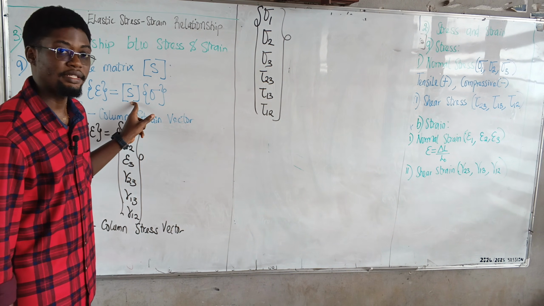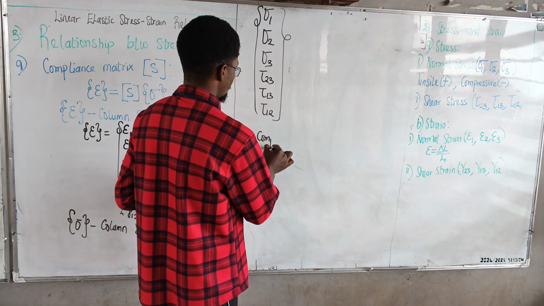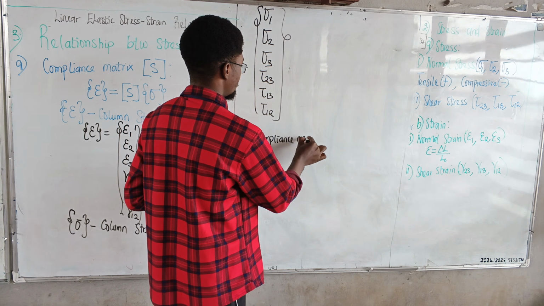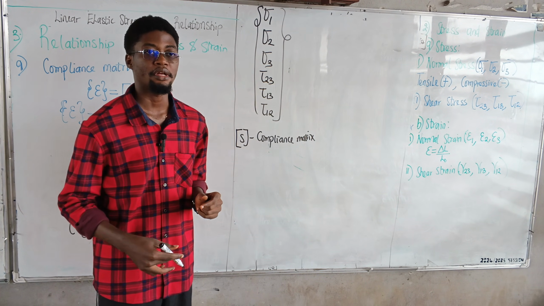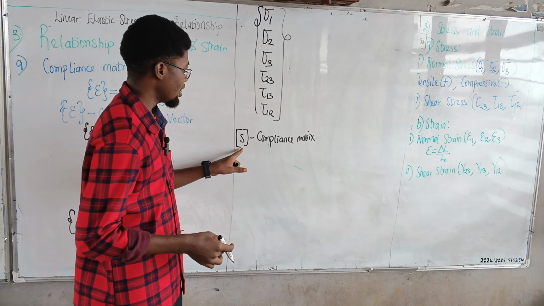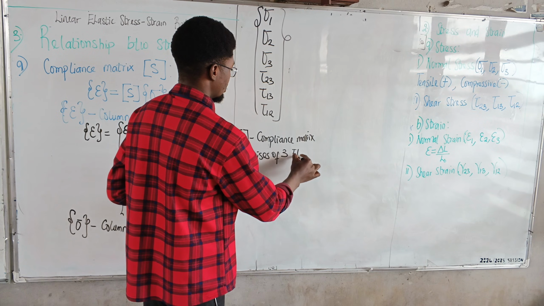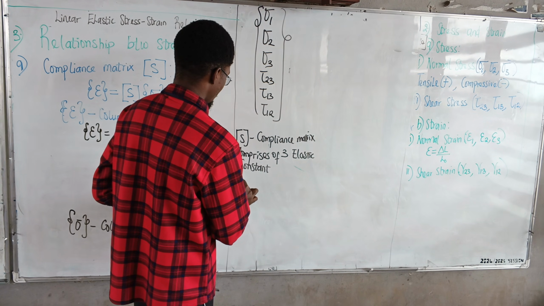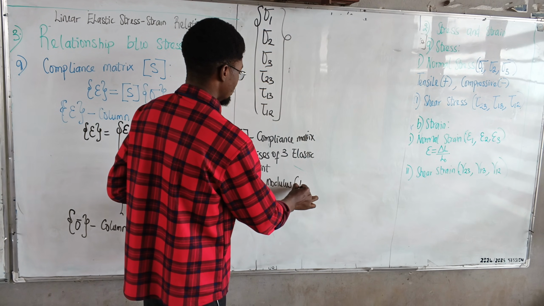This is the main guy, this S. S is our compliance matrix, like I've said before. Now, this S comprises three material constants. We used to call it material constant. You can still call it elastic constant. What are they? Number one is called the Young modulus. We use capital letter E to write that.